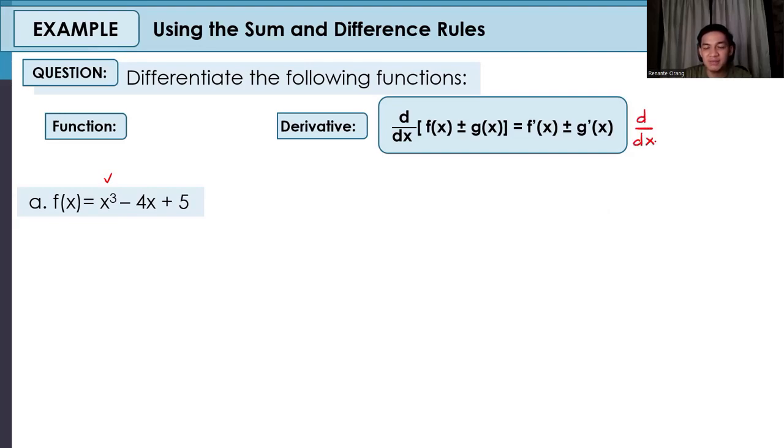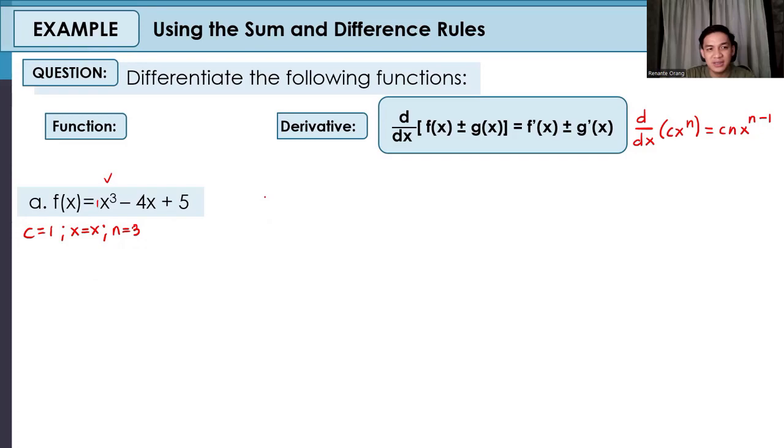That is the derivative with respect to x of our constant x raised to n is equivalent to constant n x raised to n minus 1. So, tingnan natin, constant is equivalent to 1 kasi may 1 dyan. Next, x natin is x. Katapos, yung ating n exponent is 3.